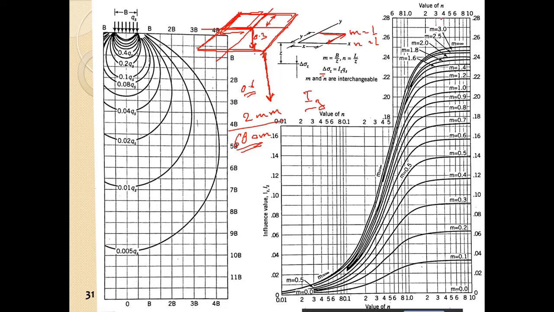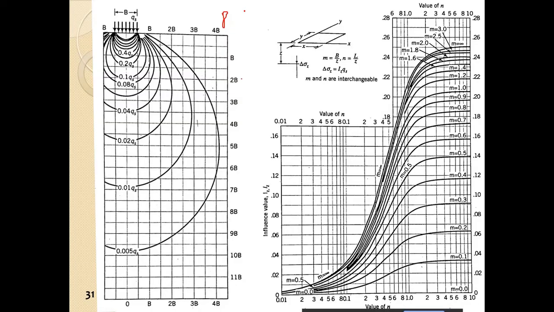So N is equal to 1 and M is equal to 1, from the graph we can obtain 0.18. In the example given in the book, IZ is equal to 0.177. So close enough.